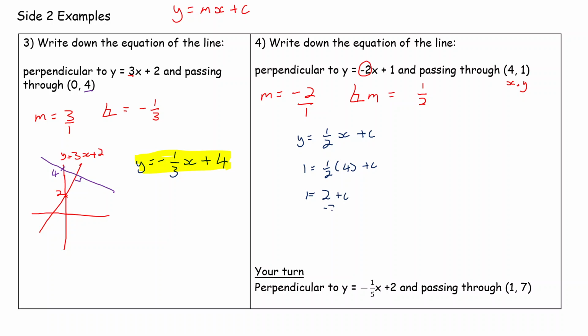Take away 2 on both sides, they cancel. 1 minus 2 is equal to minus 1. So c is equal to minus 1. I've got my value of c now, which is really useful. So the equation of my line is going to be y equals my perpendicular gradient, 1 over 2 x, and my value of c is negative 1.